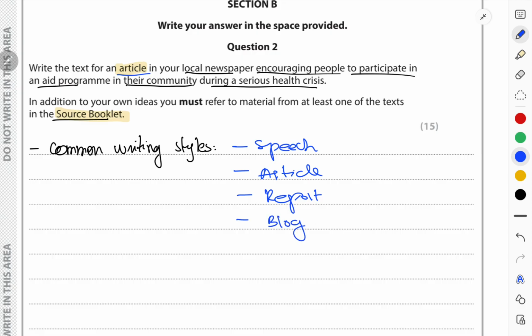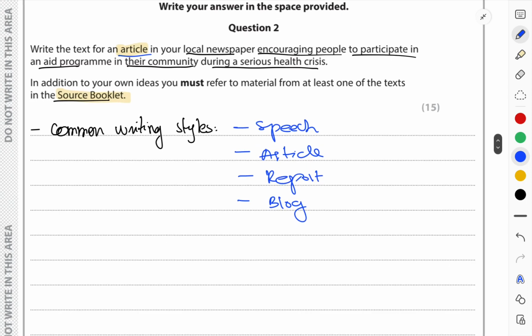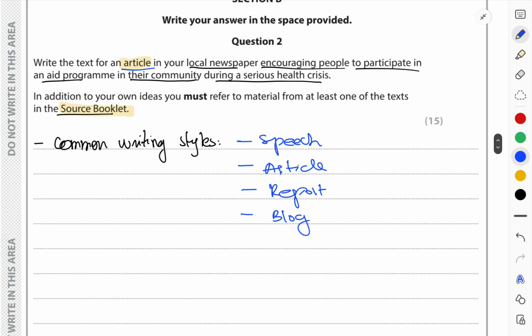So far these are the common writing styles seen in the past papers, and they're pretty easy in the sense that if you keep the audience and the purpose of the text in your mind while you're constructing this writing, it's going to go well.